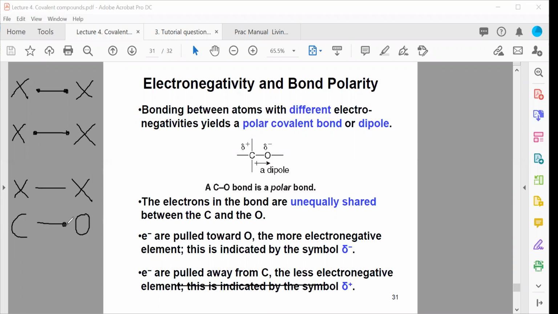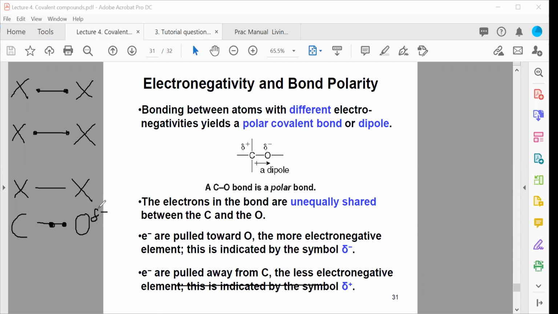Now we have the oxygen with the higher electronegativity value exerting a greater pull on those electrons in the covalent bond. Because the electron is now getting closer to the oxygen, it imparts a partial negative charge. That partial negative charge is represented by this symbol, delta negative.